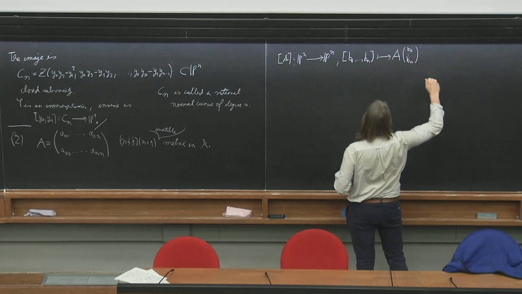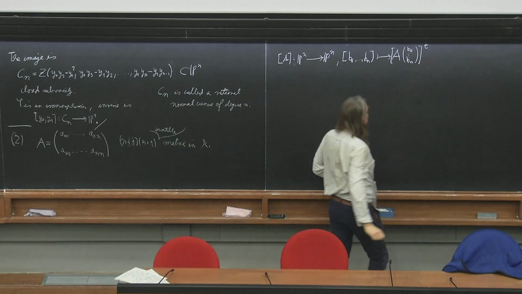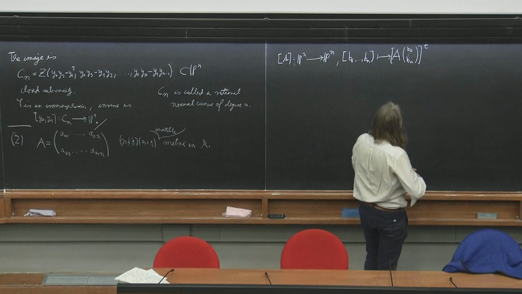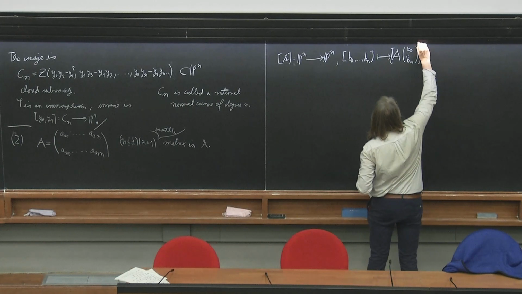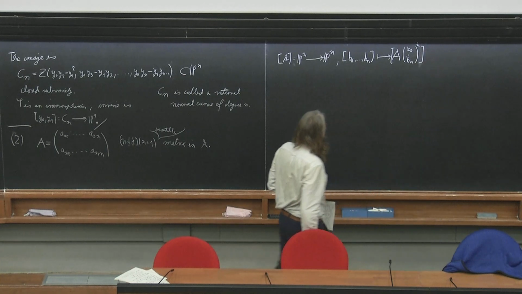And I should again make it a row vector and then take the class in projective space.